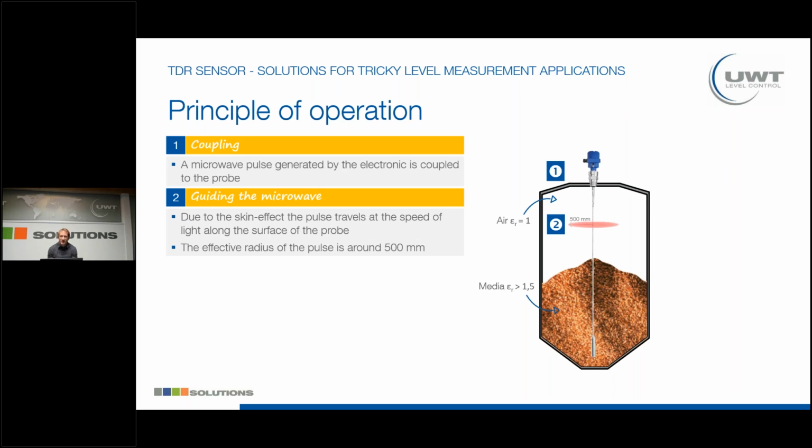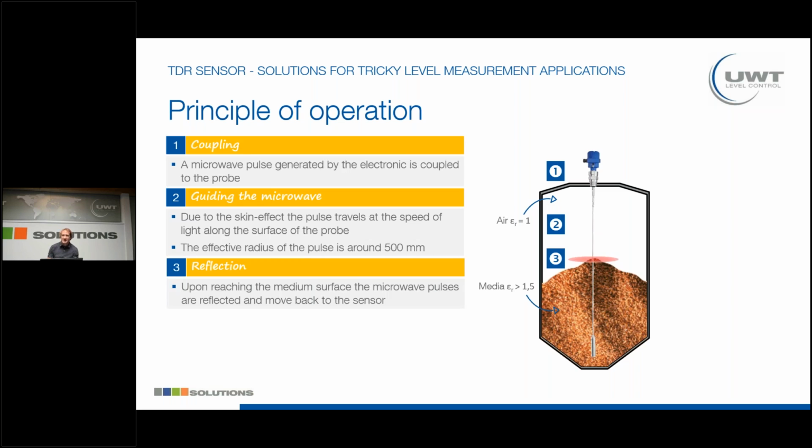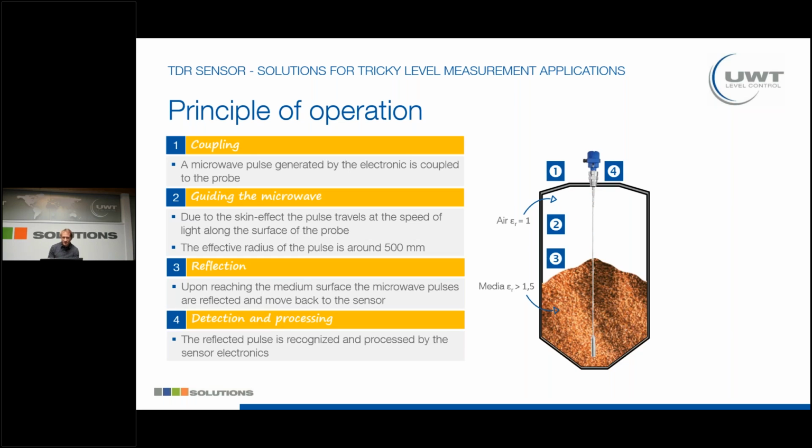So the energy spreads in a radius of 500 millimeters around the probe. And as soon as this pulse then reaches the material, some parts of the energy of this microwave pulse get reflected and move back to the sensor. And this reflected pulse is then recognized by the electronic and processed into a level measurement.